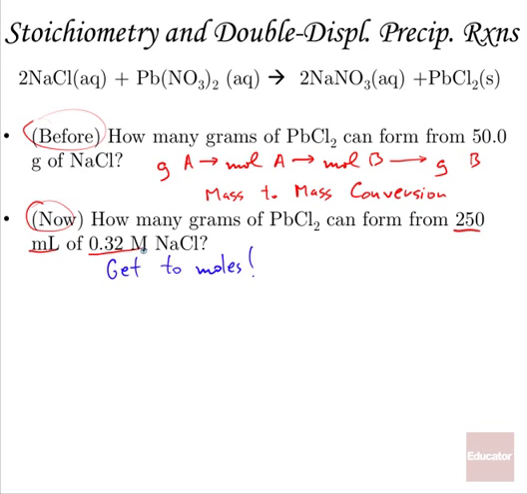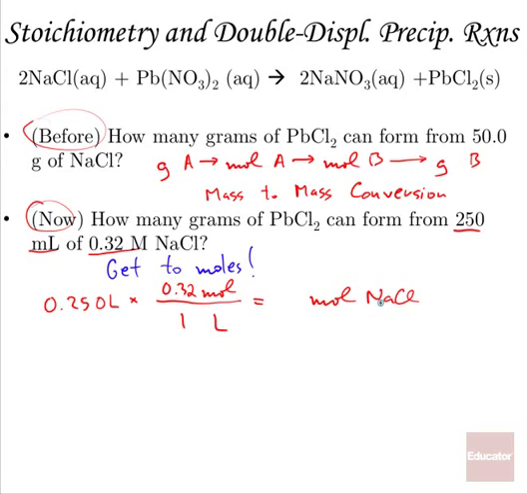We have a volume and a molarity. So we're going to take 0.250 liters. We're going to multiply that by something over something, and that's going to give us moles of sodium chloride. So liters goes downstairs and moles goes upstairs. And that's going to be 0.32 over 1. All right, so that's going to give us moles of sodium chloride.